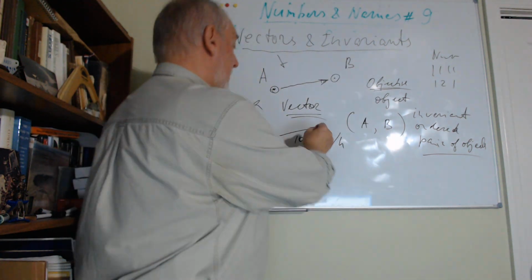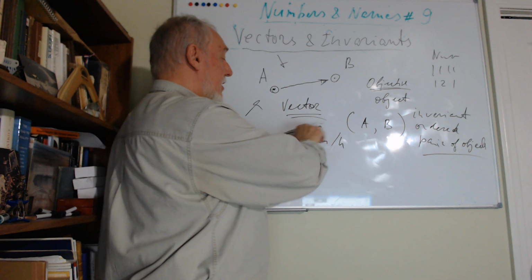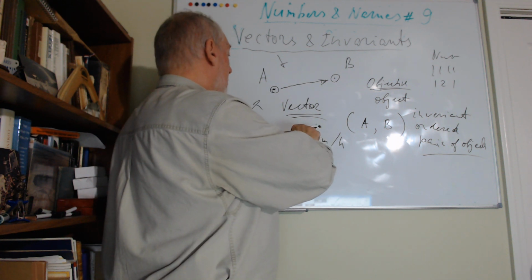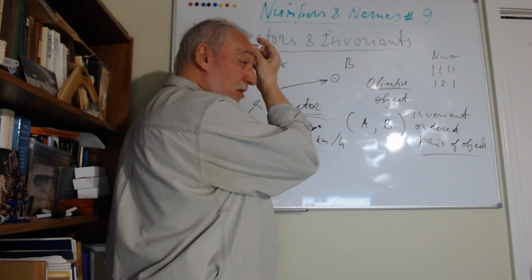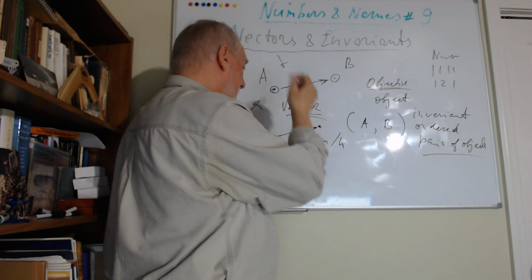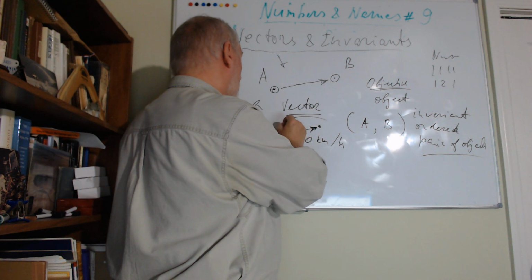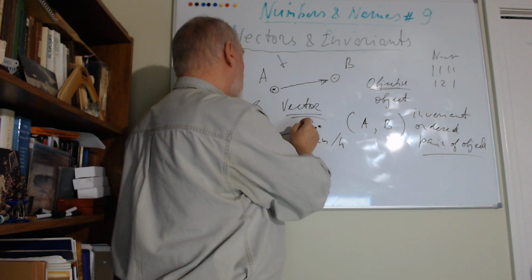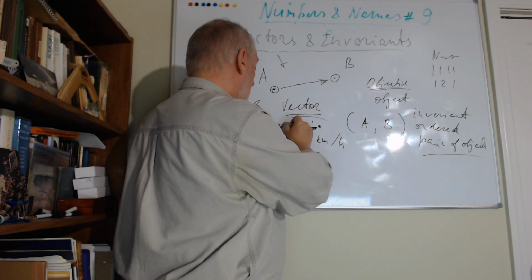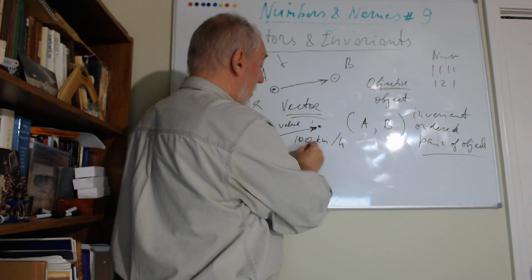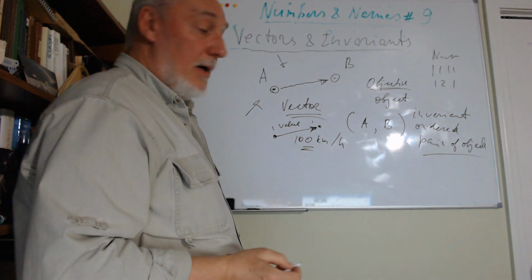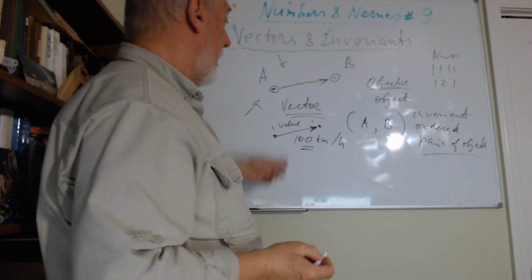What does it have? First, it has direction, and then it has the so-called norm or value, the size. This 100 kilometers per hour. So it has a value.